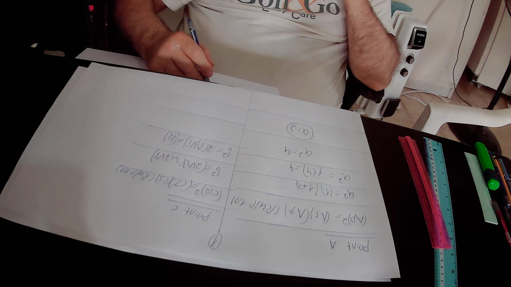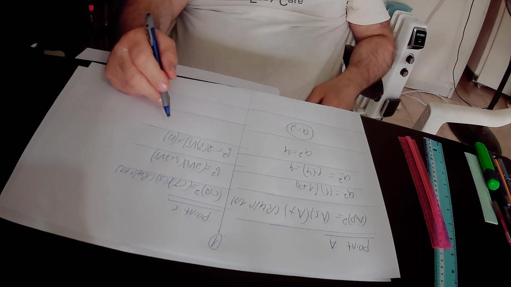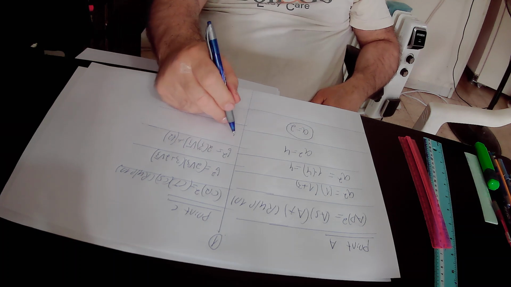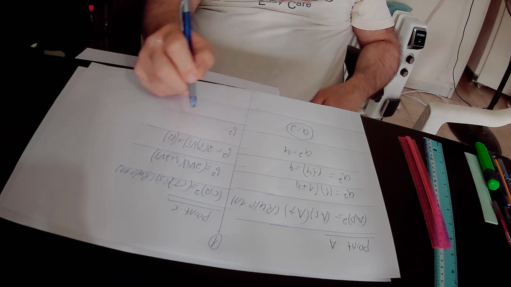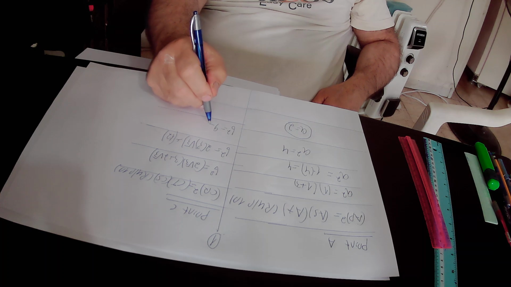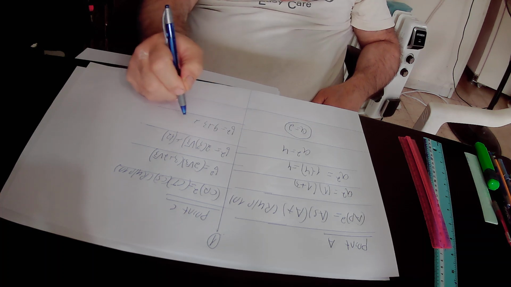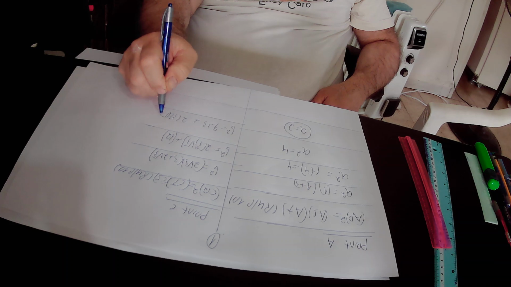Here we substitute 12 by 9 plus 3, and we get that B squared equals 9 plus 3 plus 2 times 3 times square root of 3.